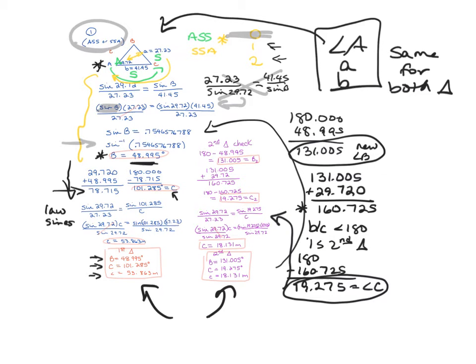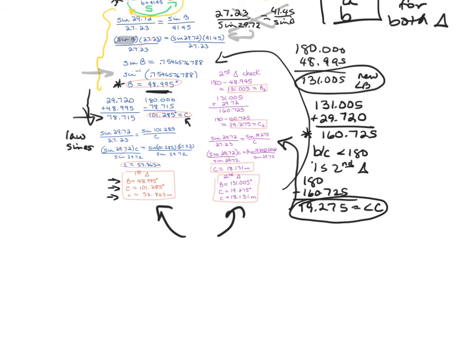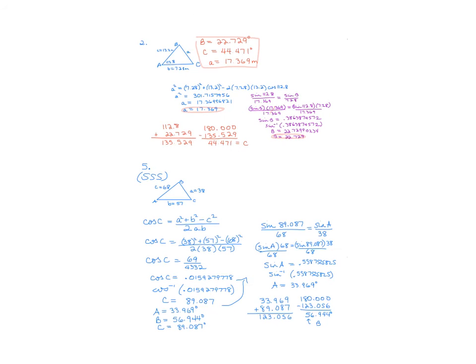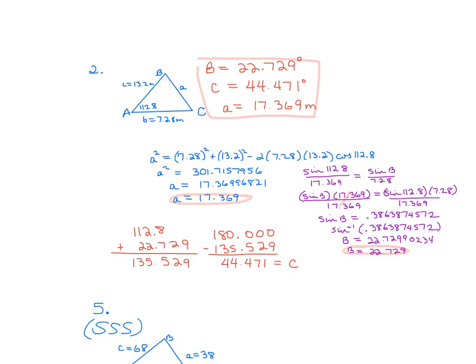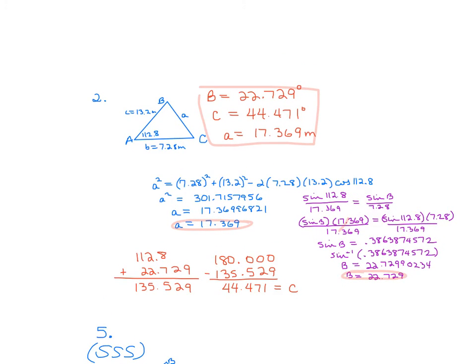So then example 2. Again, you're not going to be given a picture. The way that the question is going to be written is it'll say capital A equals 112.8 degrees.